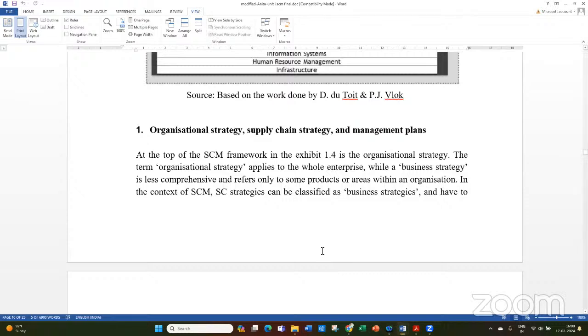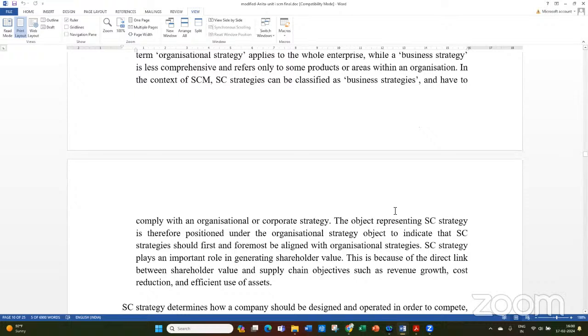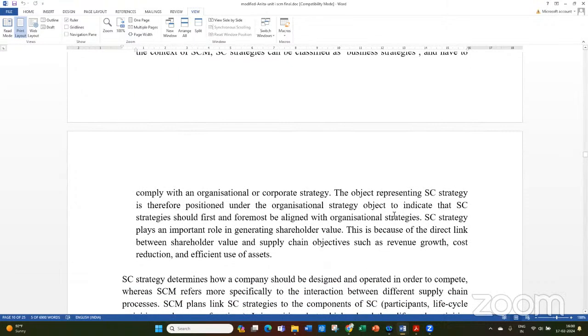The whole organization will be under management.